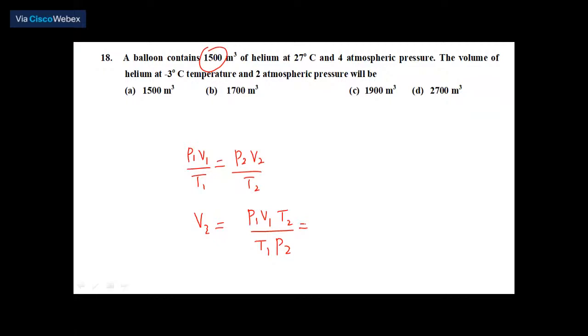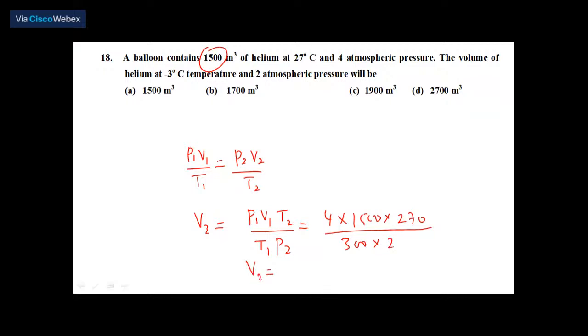Any guesses? What could be the value of V2? P1 is 4, V1 is 1500, then T2 is minus 3, which is written as 270 in Kelvin, divided by T1, which is 27, that is 300 in Kelvins, and pressure P2 is equal to 2.